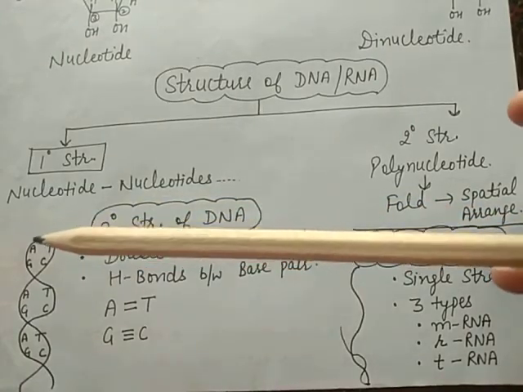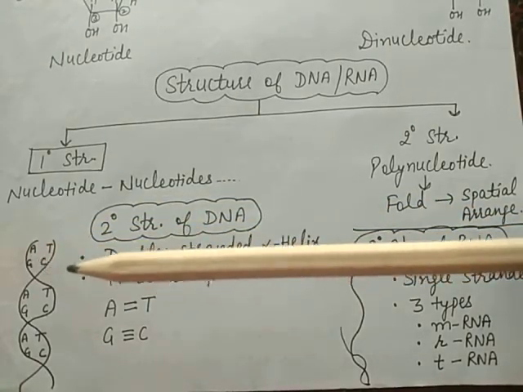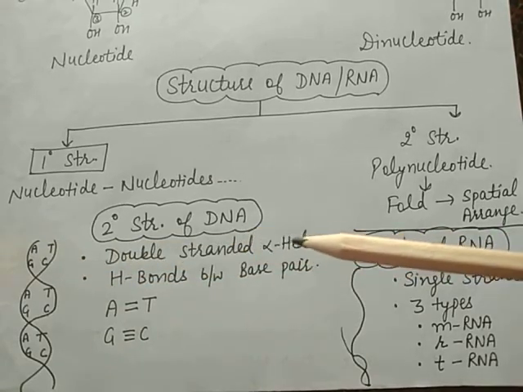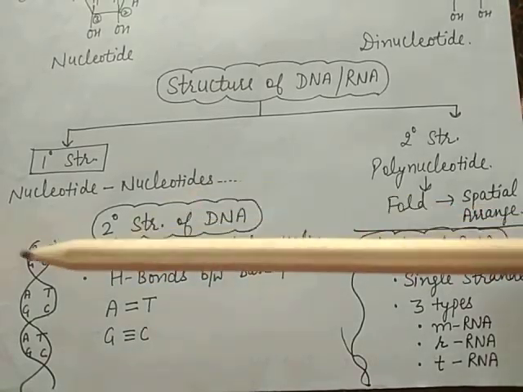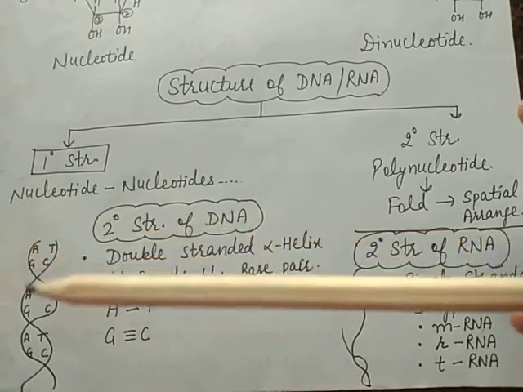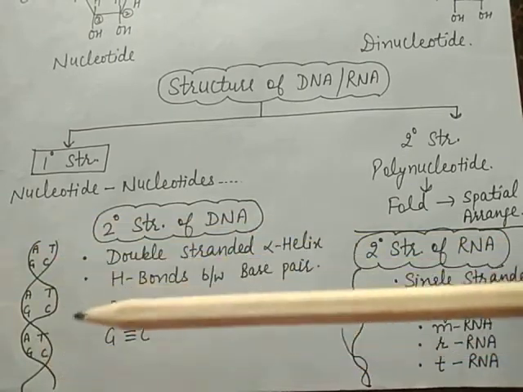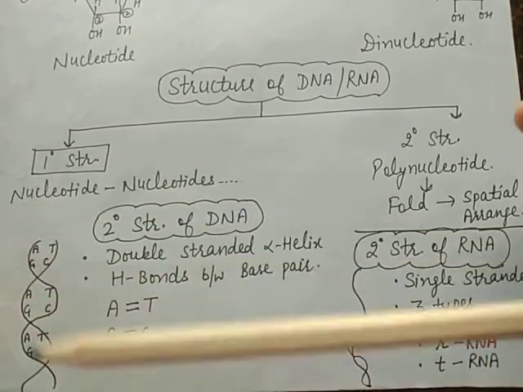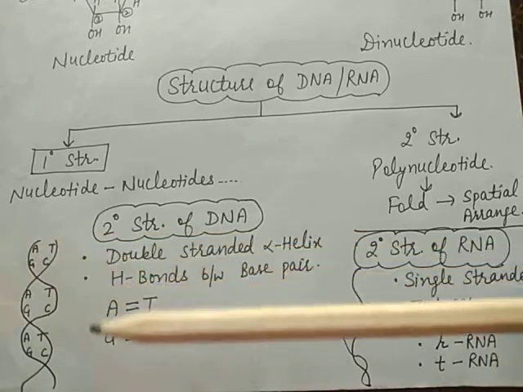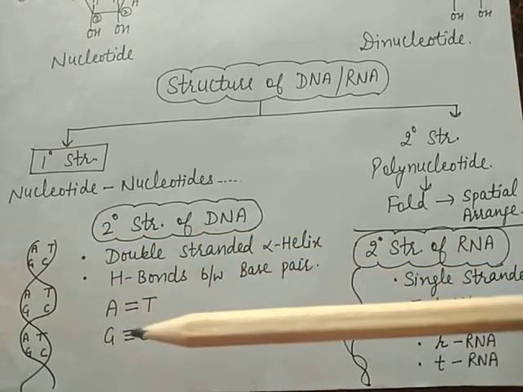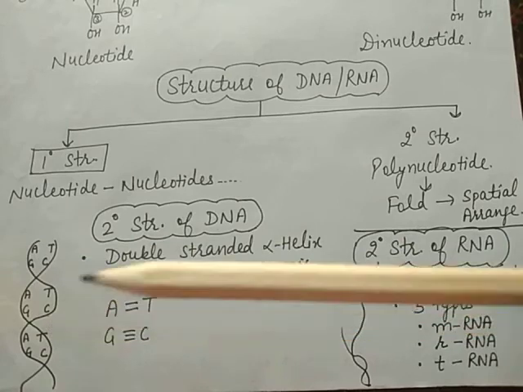The secondary structure of DNA is the double helix structure. Double helix means two nucleic acid chains are wound about each other, and these are held by hydrogen bonds between the base pairs.